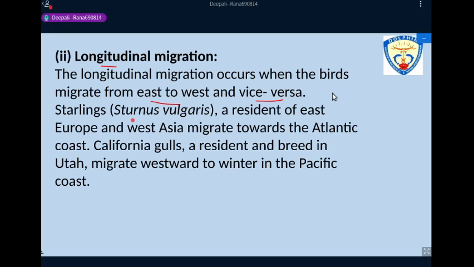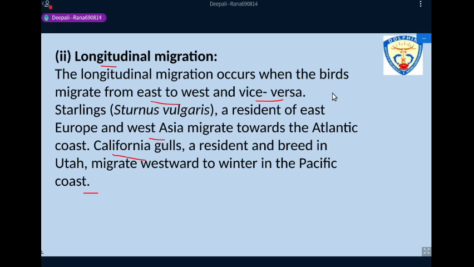Starlings. The common name is Sturnus vulgaris, a resident of East Europe and West Asia, which migrates towards the Atlantic coast. Okay. The second one is what? The California gulls. It is a resident and breeds in Utah, but this species migrates westward to winter on the Pacific coast.